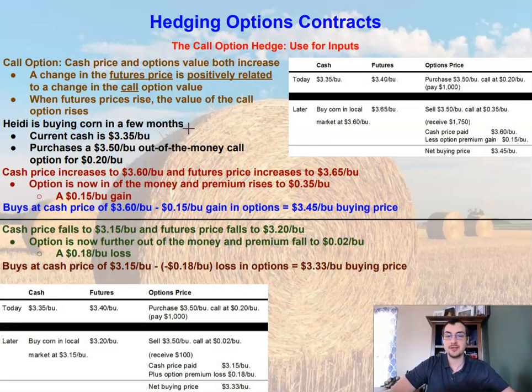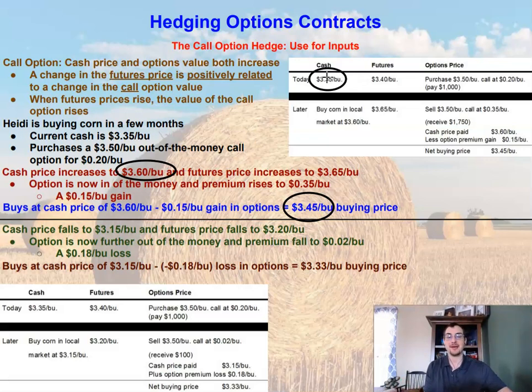We're trying to minimize our price fluctuations, minimize our price risk. If we look at this, up here, we had a change from the original cash price of $3.35, and we actually increased our cash price by 25 cents. But our net buying price only increased by 10 cents. We minimized our price risk. We reduced our price fluctuation by 10 cents in this particular example.